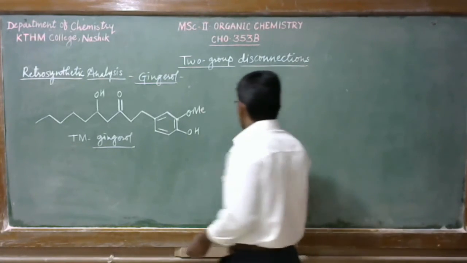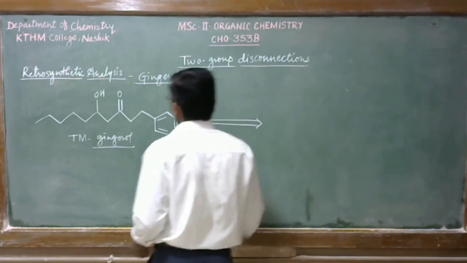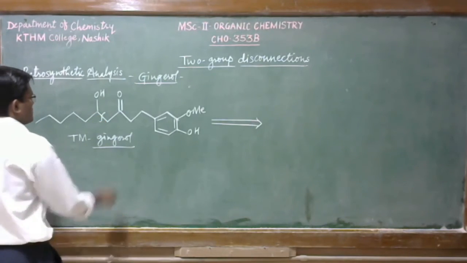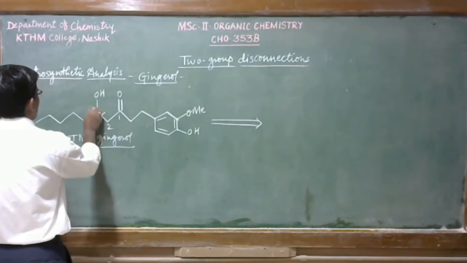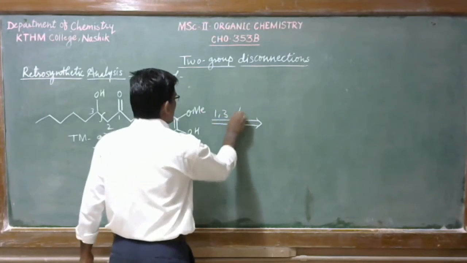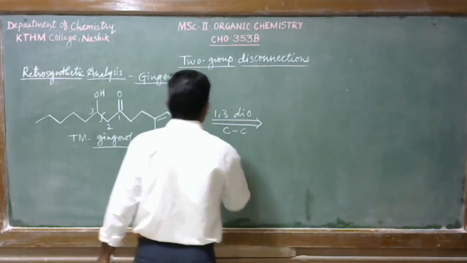So let's put the retrosynthetic arrow. To break this bond is a 1, 2, 3, 1,3 disconnection, a carbon carbon disconnection.